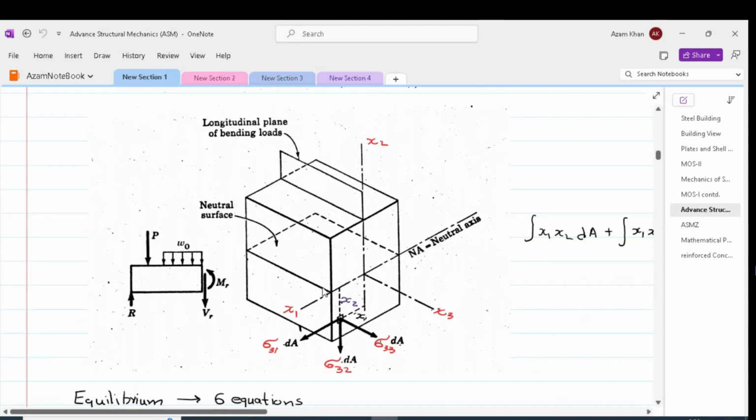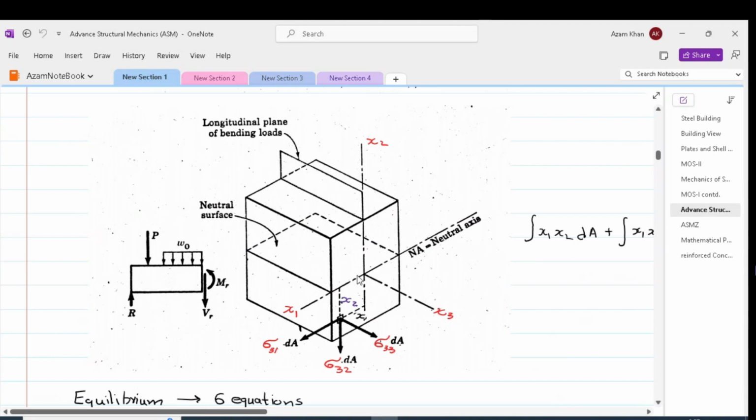In the case of the flexure formula, the moment of inertia was of the cross-sectional area of the beam about the neutral axis, which is x1. Thus, the polar moment of inertia would be the distribution of this cross section about the longitudinal axis, which is x3.